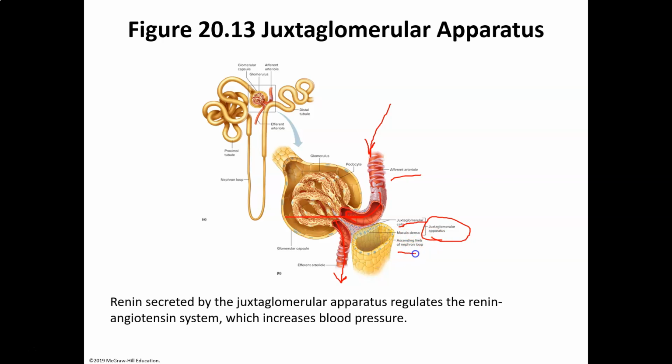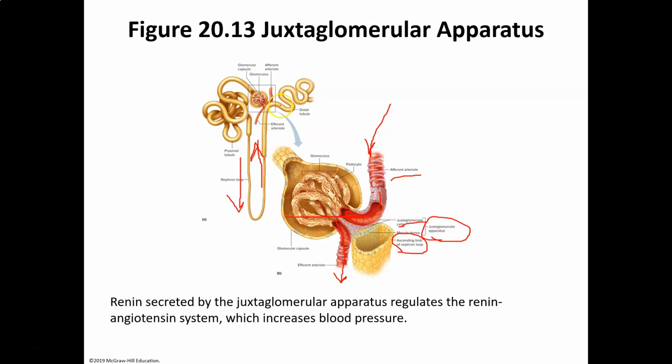Now this is the ascending limb of the nephron loop. Now we're going to see where that is. This is the descending limb, and this is the ascending limb on this side, going up. We call it that because that's the flow of the glomerular filtrate through the tubule system.